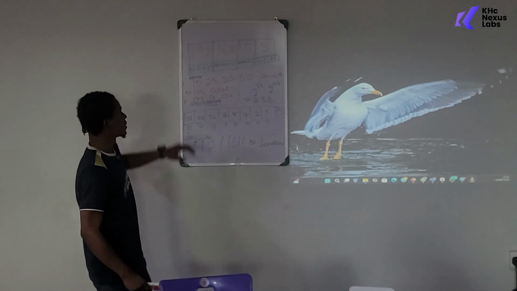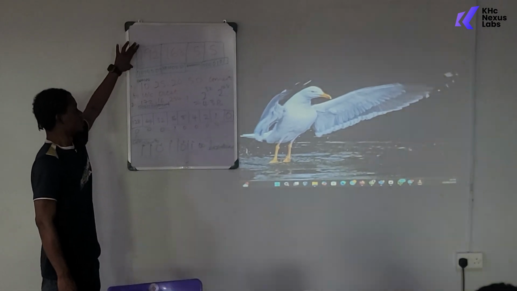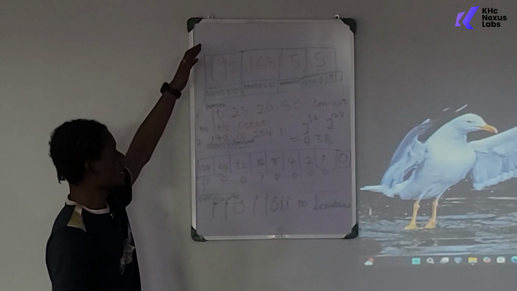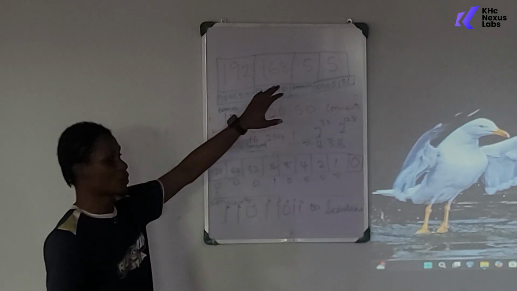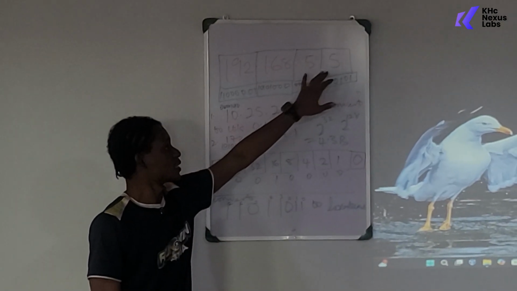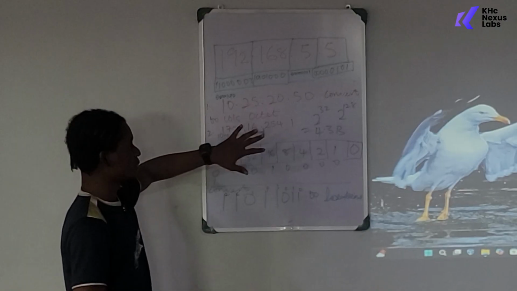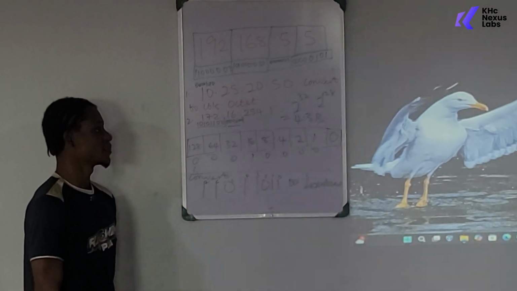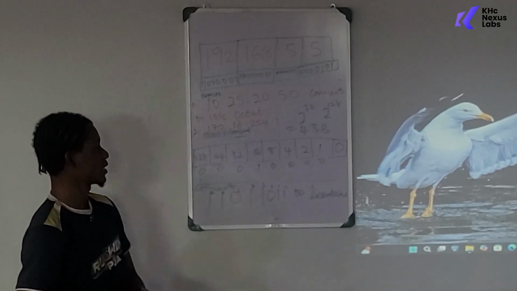And now we said IPv4 is a 32-bit network, so it has 4 octets. So each of these octets makes 8 bits, right? And we cleared out a lot of things.